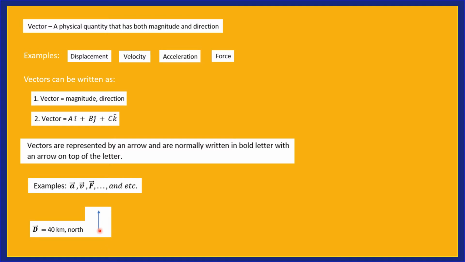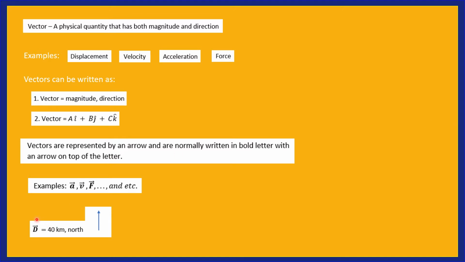The distance from the tail to the tip of the arrow is proportional to the magnitude of a given vector. In this case, this length is equal to 40 kilometers. This is the direction it's going, north.